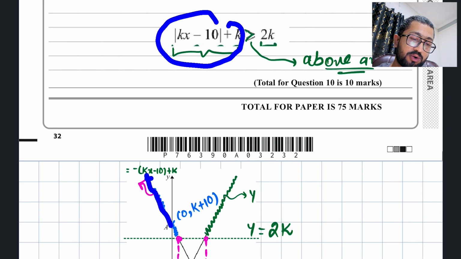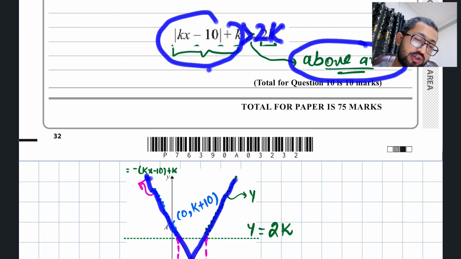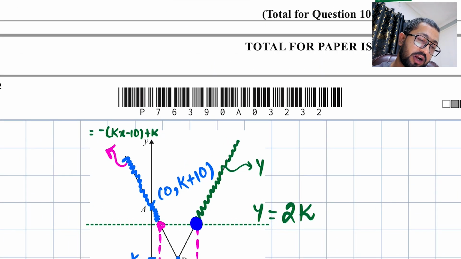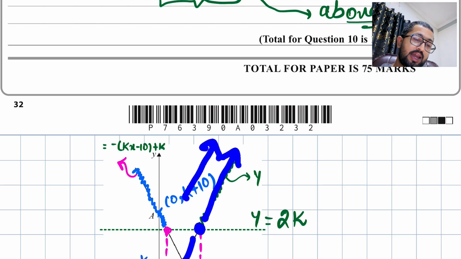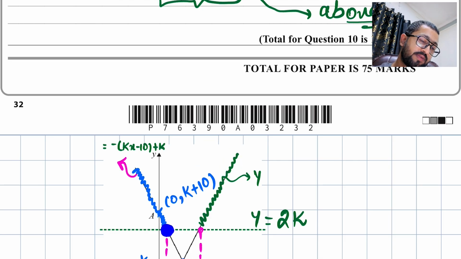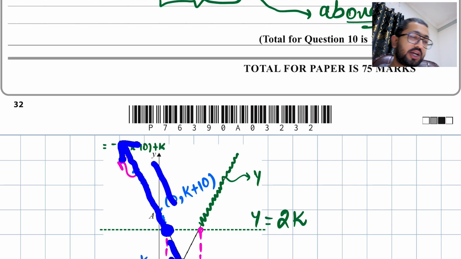Your black graph, which is the modulus function graph, is greater than 2k, means it is above 2k. So at the point of intersection, which part of the modulus function is above area? This one or this one? Common sense, it is this one. At the other point of intersection, which part of the modulus function is above area? This part or this part? Obviously this part. Shade it.